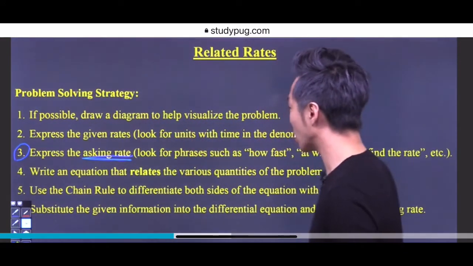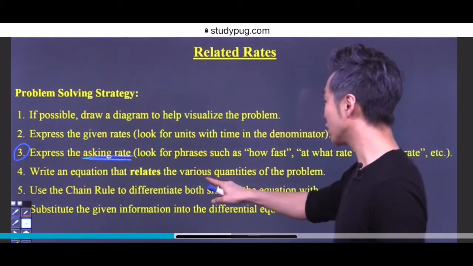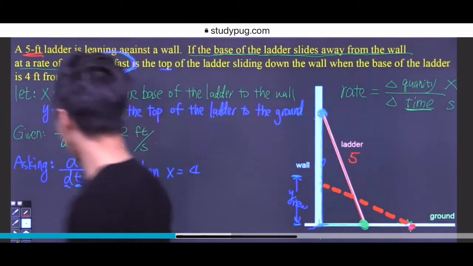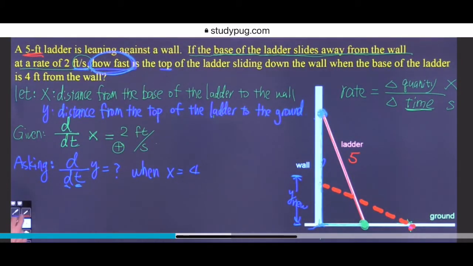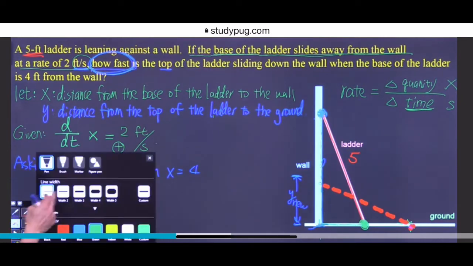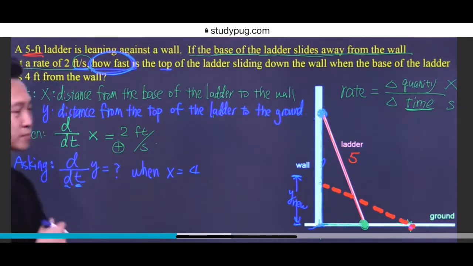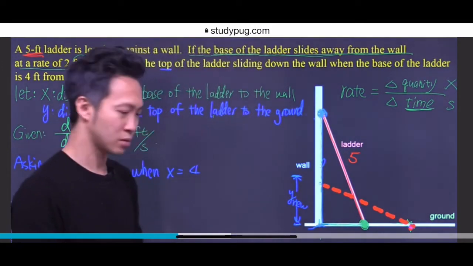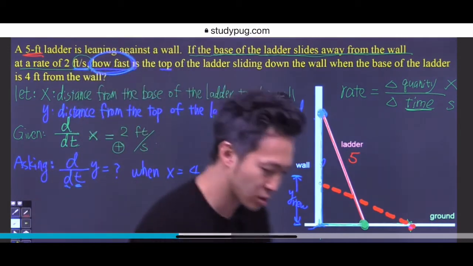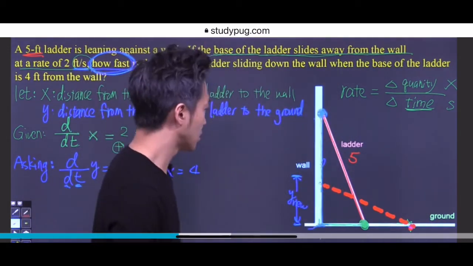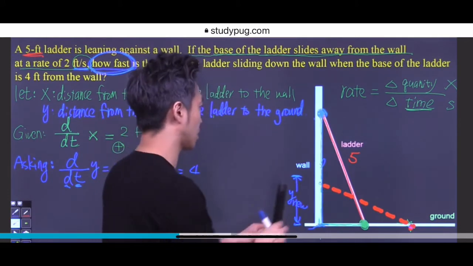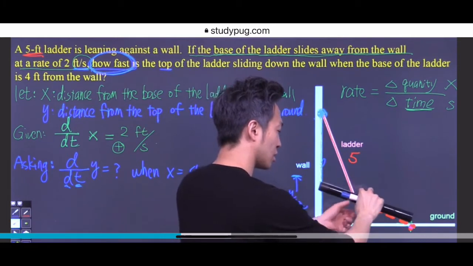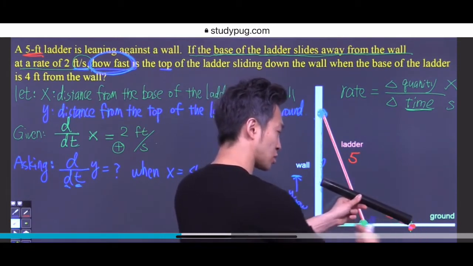We want to write an equation that relates the various quantities of the problem. So now let's look at this. What are the quantities in our problem here? Well, look. As the ladder slides away from the wall, I want you to look at this triangle.